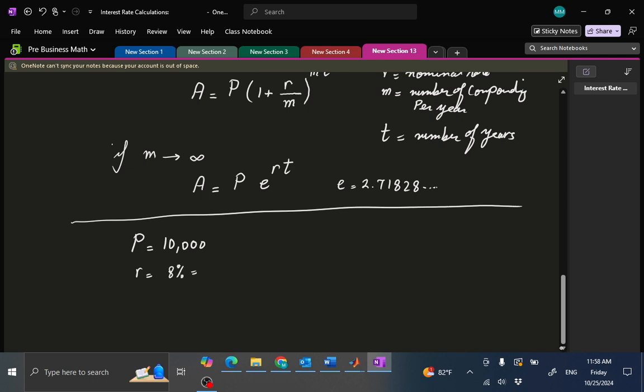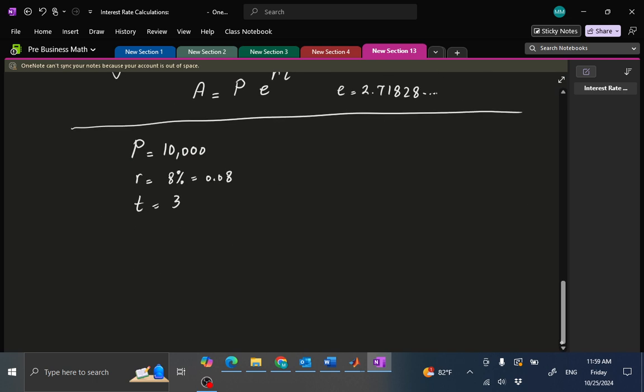Remember, 8% has to be written as 0.08, for 3 years, and compounded every season, let's say. The question is, what is the accrued amount?